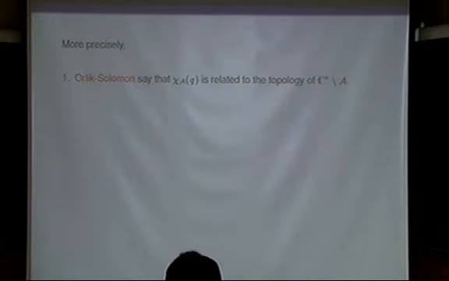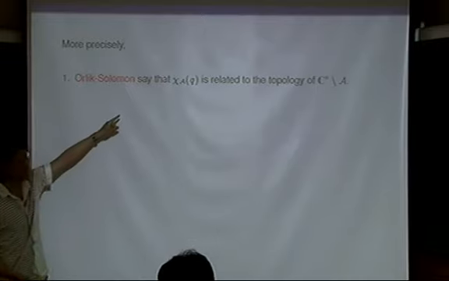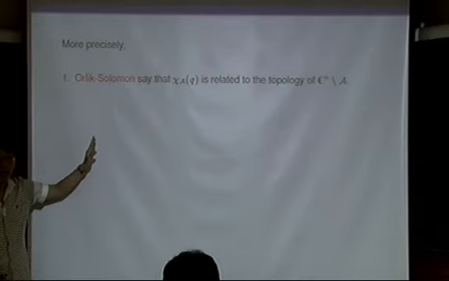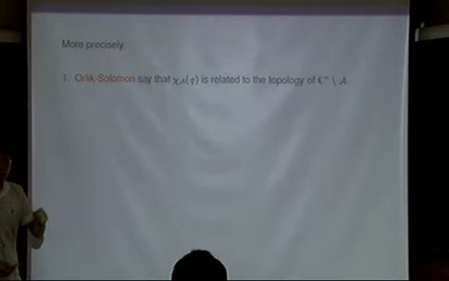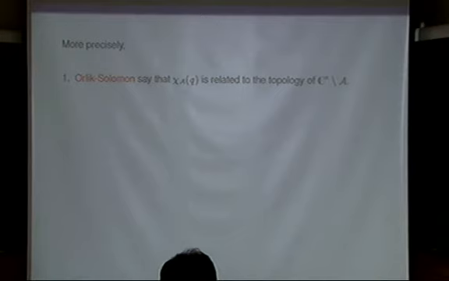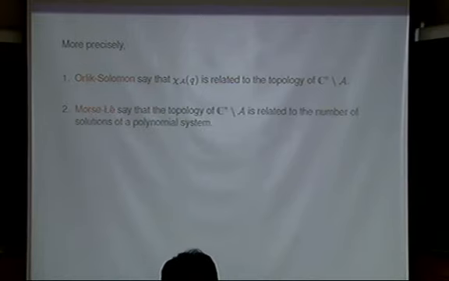But we know the characteristic polynomial of such a hyperplane arrangement, or a matroid, and we are interested in the coefficients of that polynomial, and those coefficients are known to be the Betti numbers of the complement of the hyperplane arrangement. So those Betti numbers are the ones we'll attack to show that they are log concave. This was a theorem of Orlik and Solomon going back to the 1980s.